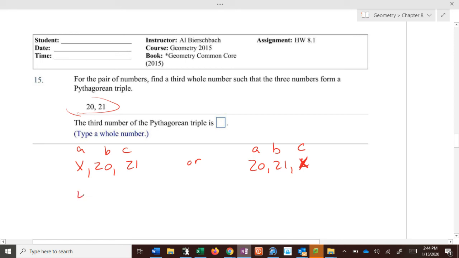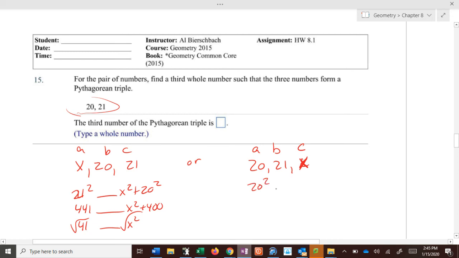Is 21 squared, compare it to x squared plus 20 squared. So 441, compare it to x squared plus 400. X squared equals 41. Take the square root. Is that a whole number? No.